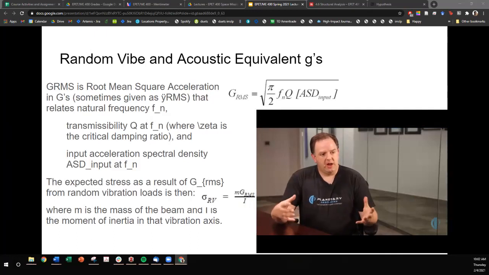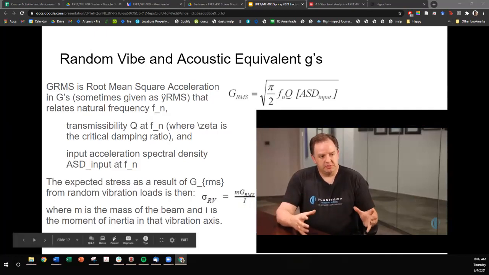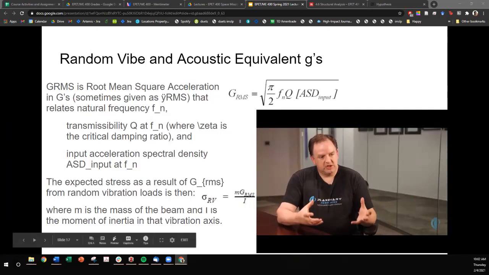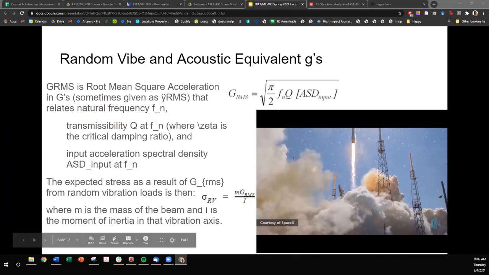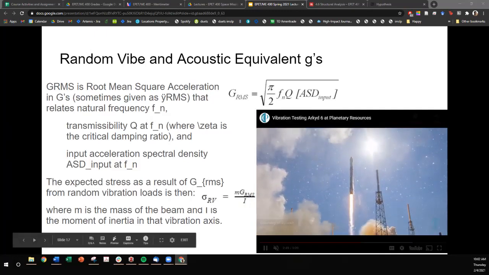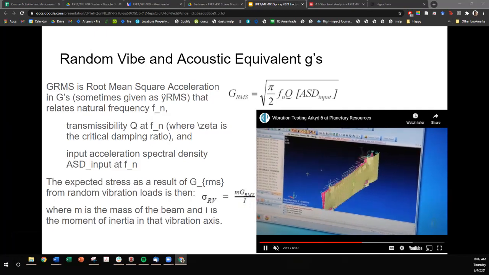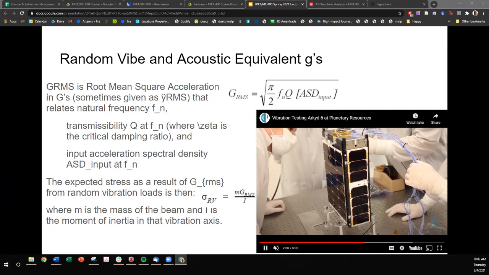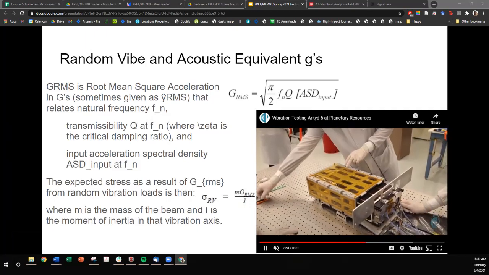Anyway, it's an approximation, and you can use this equation to find the approximate stress from vibration as mg over I, which is the inertia. And this is Planetary Resources showing us how they vibration test their spacecraft.